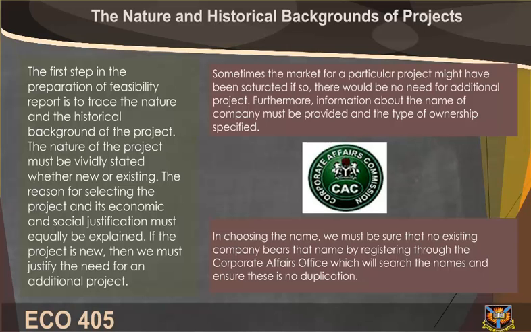Furthermore, information about the name of the company must be provided and the type of ownership specified. In choosing the name, we must be sure that no existing company bears that name, by registering through the Corporate Affairs Office, which will search the names and ensure there is no duplication.